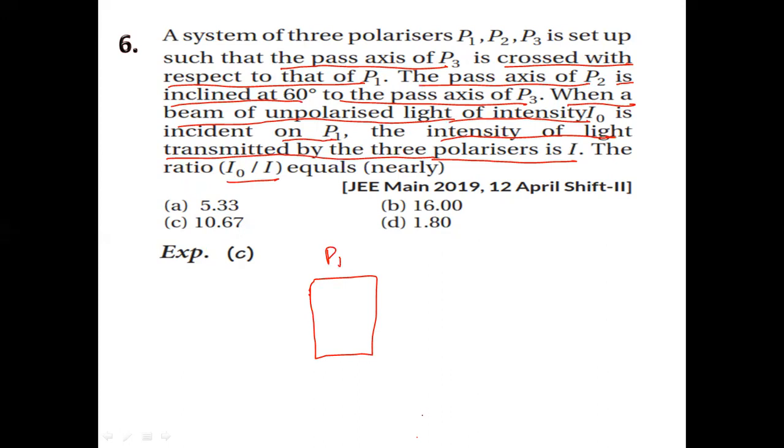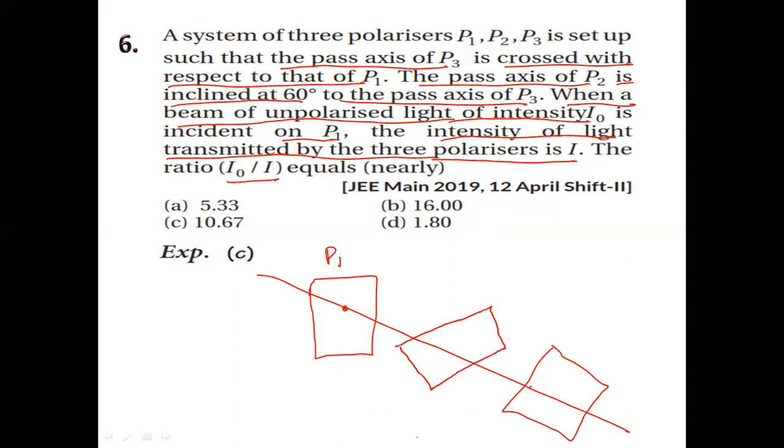Suppose let us consider this is the pass axis. The pass axis of P2 is inclined at an angle, and here it is P3. With respect to P3, the pass axis of P2 is at an angle 60 degrees.